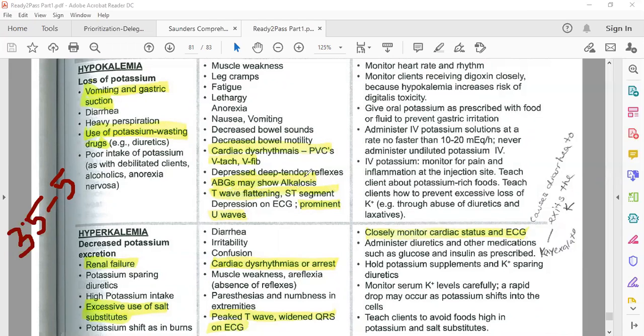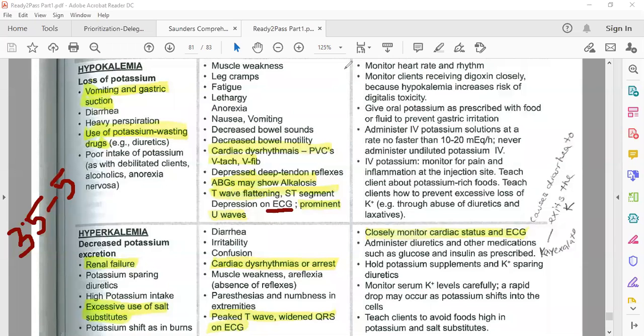If you take the EKG or ECG, we can see the ST segment flattened, or T wave not upright, flat. ST segment depressed, but it should be up, a positive deflection, and also prominent U waves.